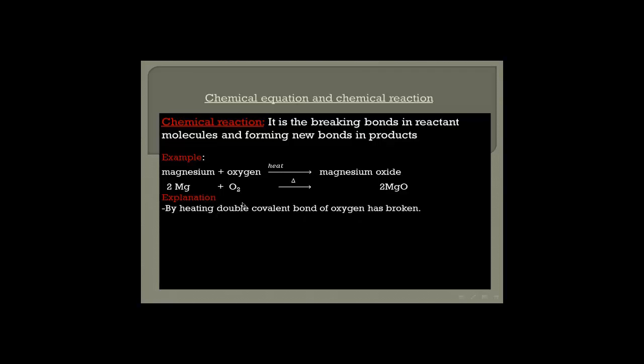How does this reaction occur? By heating, the double covalent bond between the oxygen atoms in the oxygen molecule is broken. Each oxygen atom joins with a magnesium atom, forming new bonds in magnesium oxide.